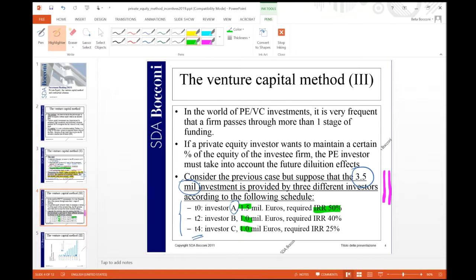But, investor A, I also inform you that after 2 years' time, and you see T2 here, I'm going to contact another investor B, asking this investor B, a so-called round B financing, for another 1 million euros, and you, investor A, can assume, based on general market data, benchmarking analysis, that this investor will be keen to invest at an internal rate of return of 40%.